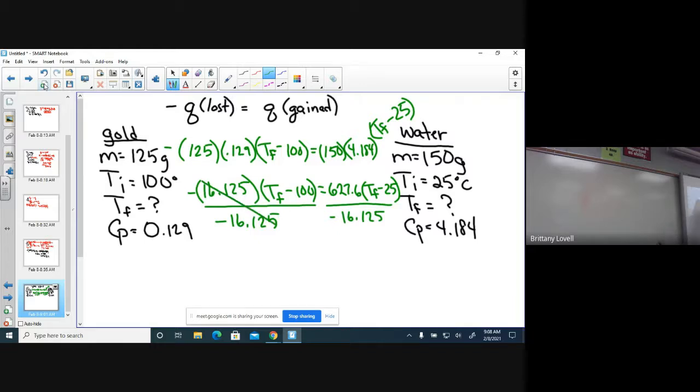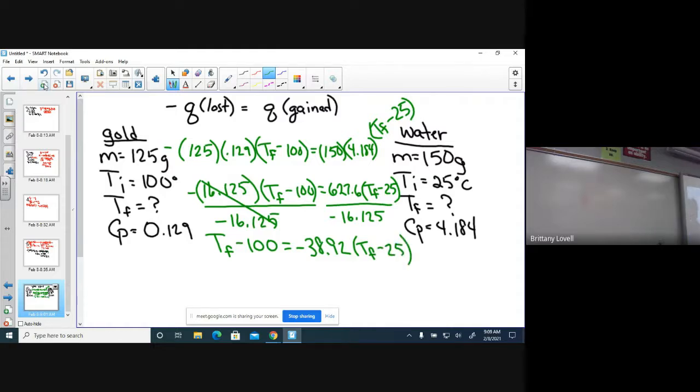So what I'm left with is TF minus 100 is equal to 627.6 divided by negative 16.125, and I got negative 38.92 times TF minus 25.